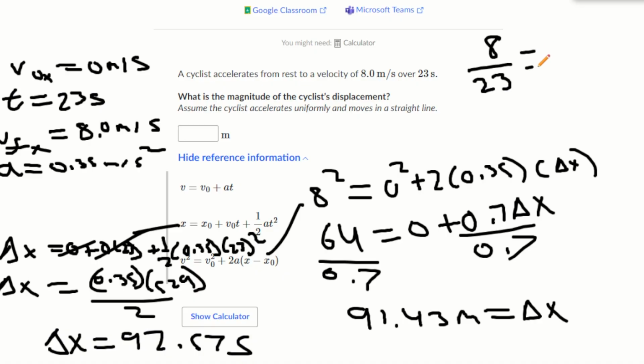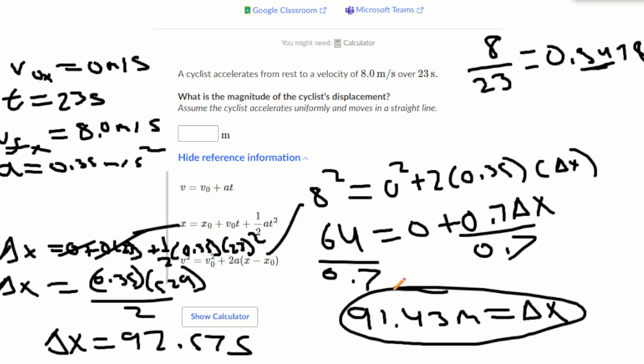That gave me 0.3478 and some other numbers. And I decided to just round it to 2 decimal places, giving me 0.35. But when I plugged in 0.35 here and here, that gave me 2 different answers. This one gave me 91.43, and this gave me 92.575.